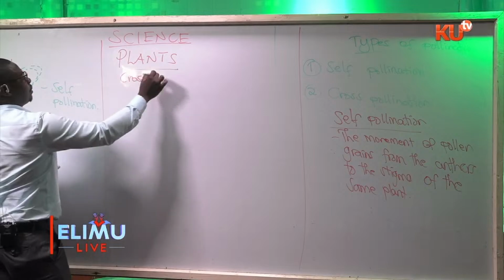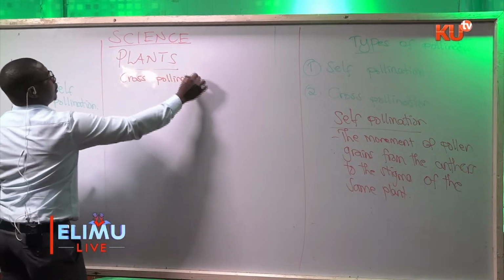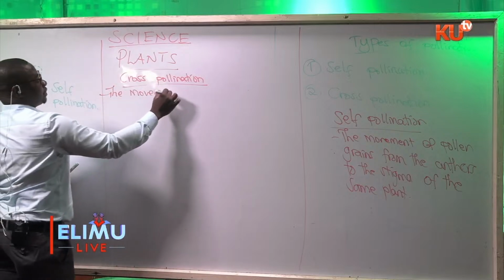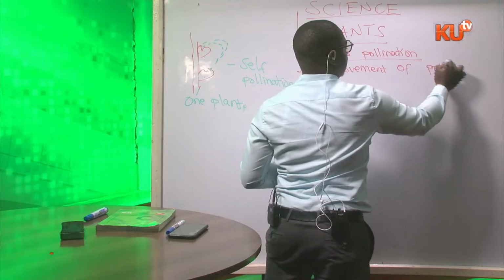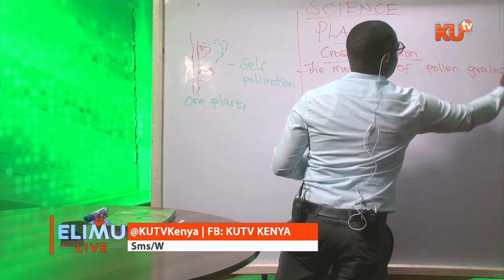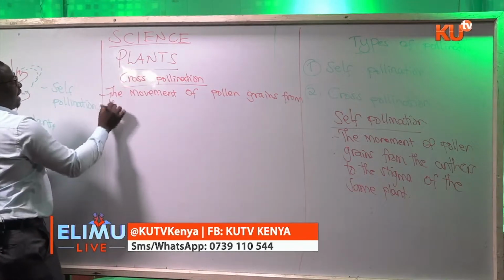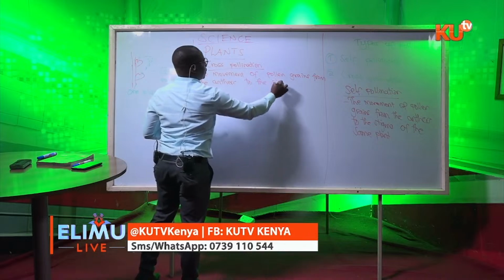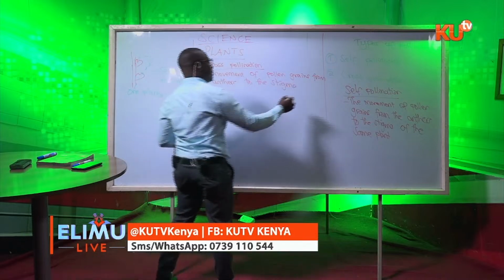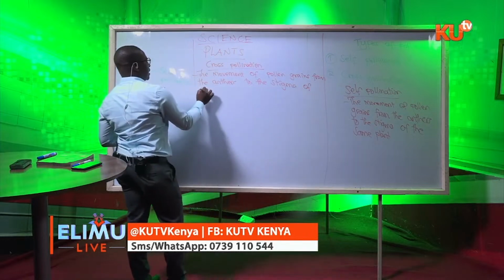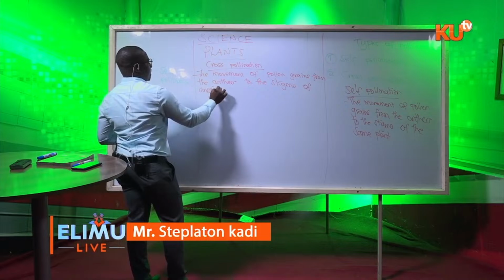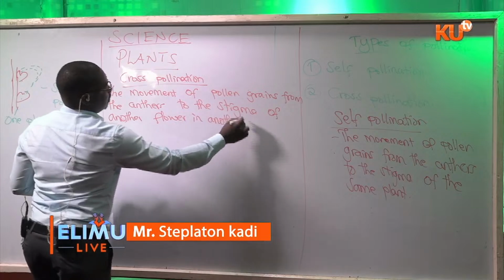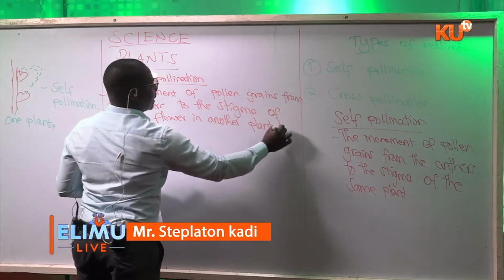Cross-pollination will be the movement of pollen grains from the anthers to the stigma of another flower in another plant, but of the same kind.